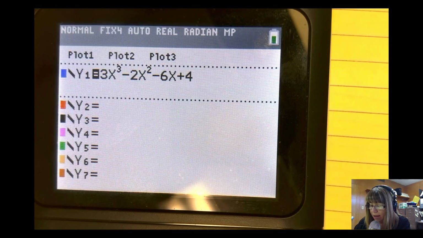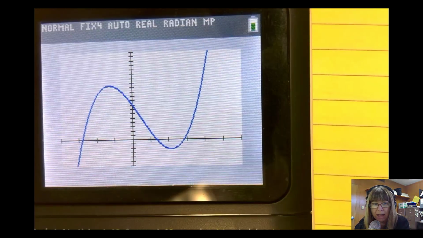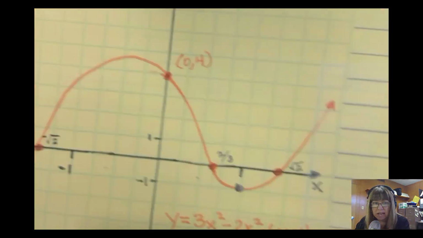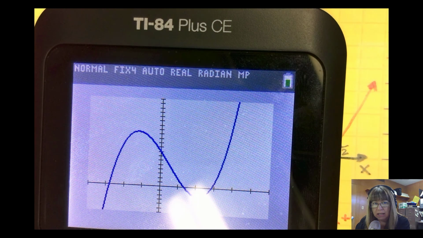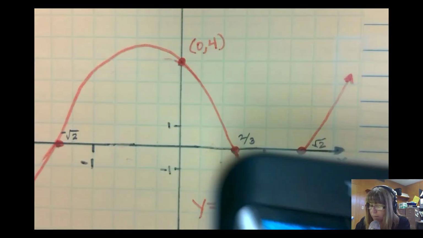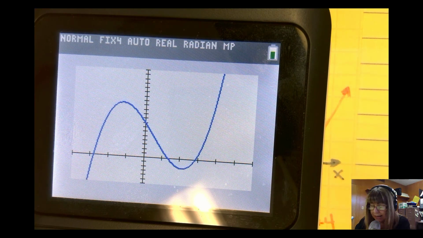And now I'm going to graph it. And there we go. That's my graph of my function. And I actually didn't do such a bad job sketching it. It does peak a little bit more up here before it comes back down, but I think I did a pretty good job sketching it, considering the points that we had.